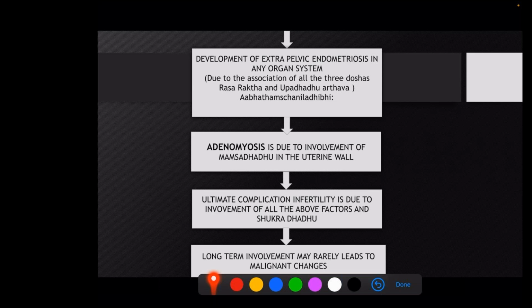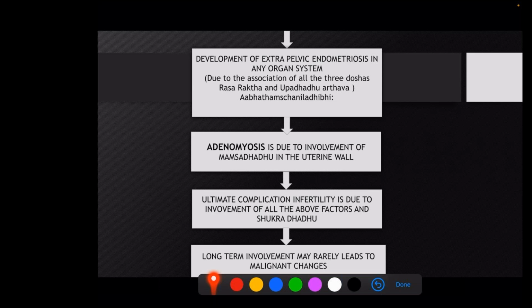So, if not properly treated in time, due to the involvement of rakta, there is a chance for vascular and lymphatic spread and the development of endometriosis in the extrapelvic sites, complicated by the lakshanas of Asrigdara, or menorrhagia or polymenorrhagia. Then rectal involvement causes painful defecation, stricture, and constipation, Asrigdara, Arsha, Gulma, etc.